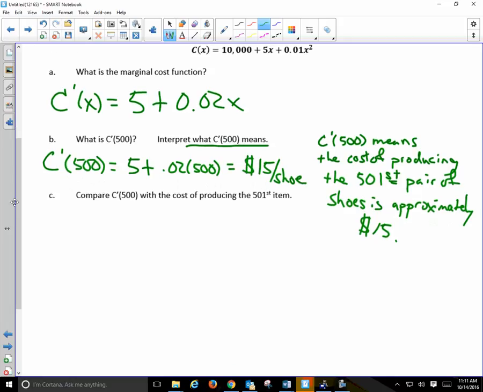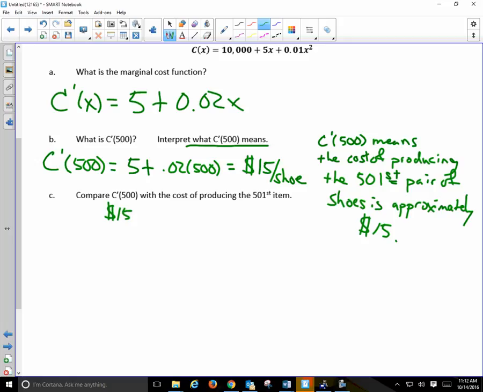The cost, if we typed in the cost of producing 500 shoes, is $15,000. But hopefully we become very efficient with it and lowered our cost to $15 per pair of shoes. So now I'm going to compare C prime of 500, which is $15, with the actual cost of producing the 501st item.